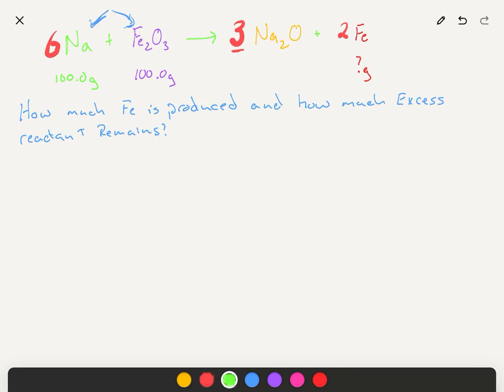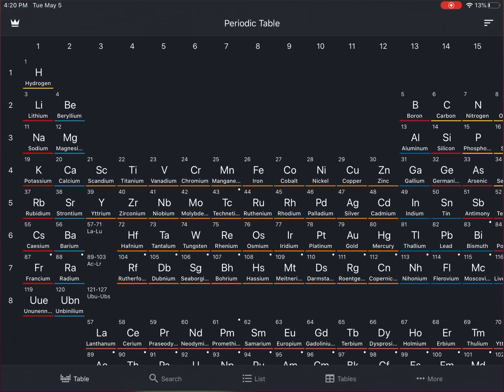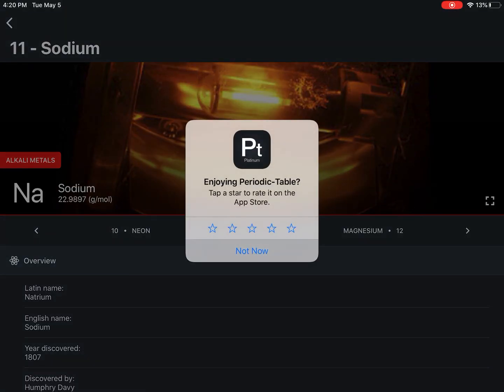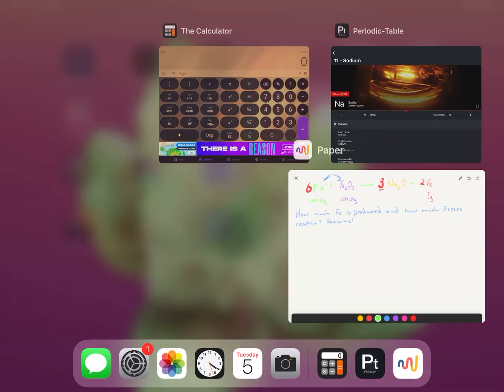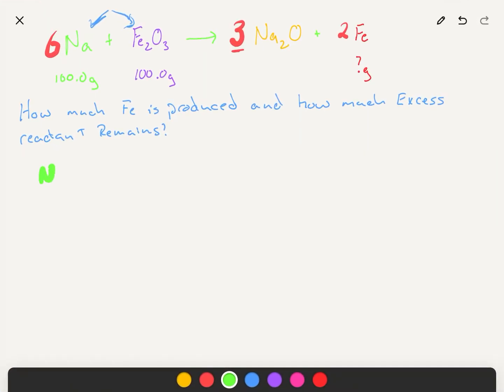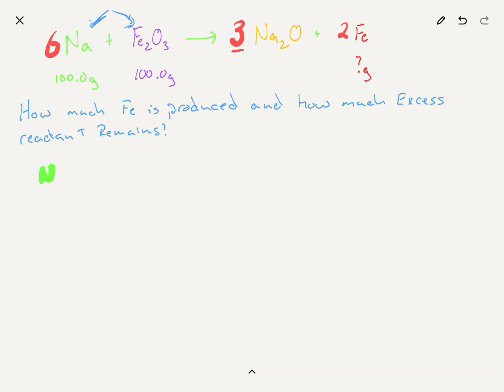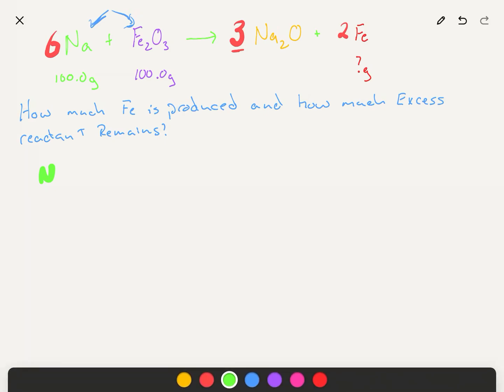To calculate the sodium, we need to go to the periodic table. Sodium has a molar mass of 22.99 grams per mole.